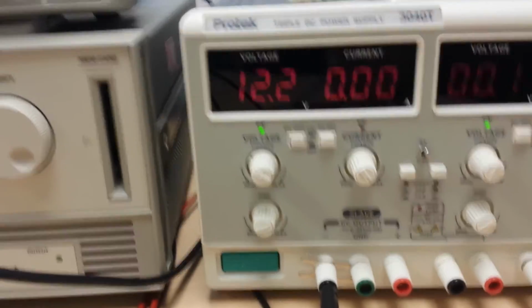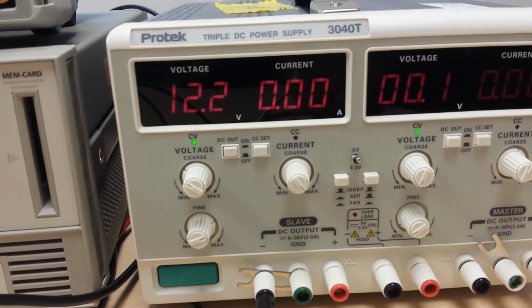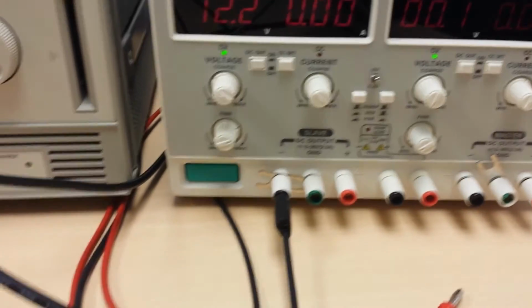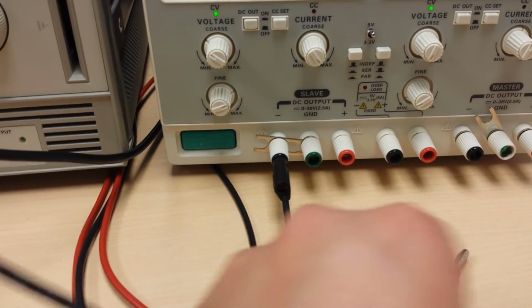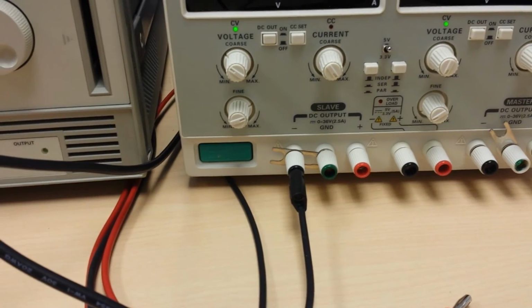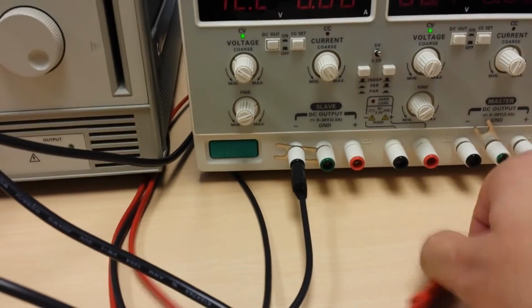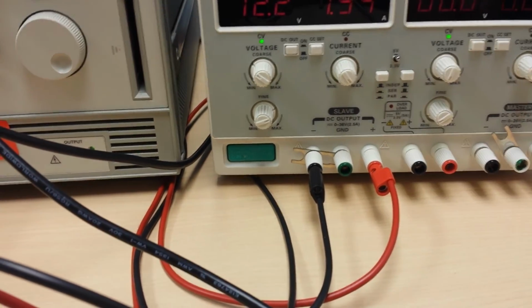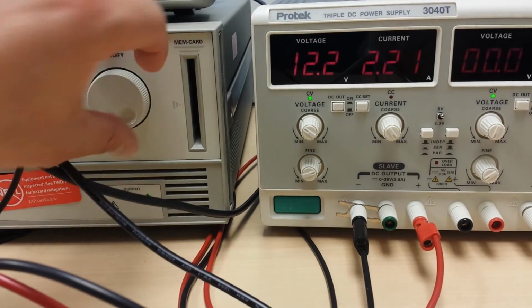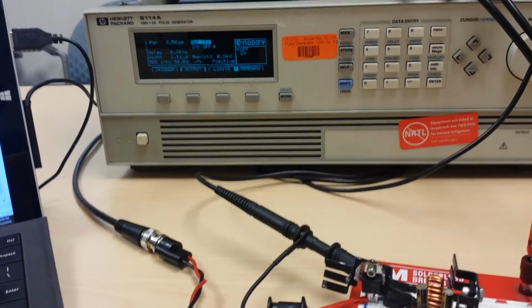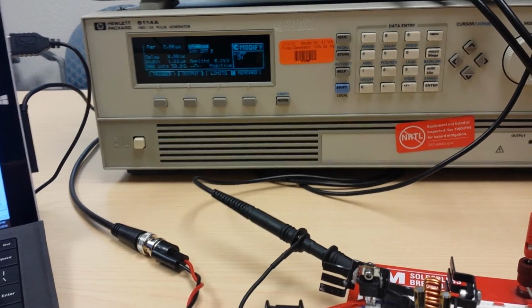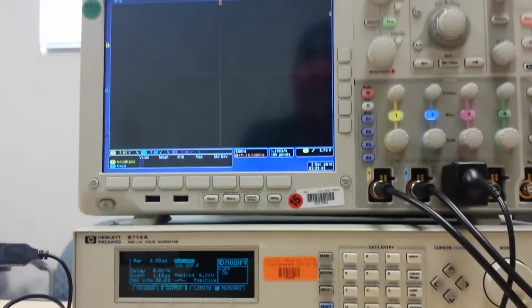Here is my power supply giving me the 12 volts out and no current, so right now it is off. Once I plug this in, I can be safe to say that it's still going to be off.